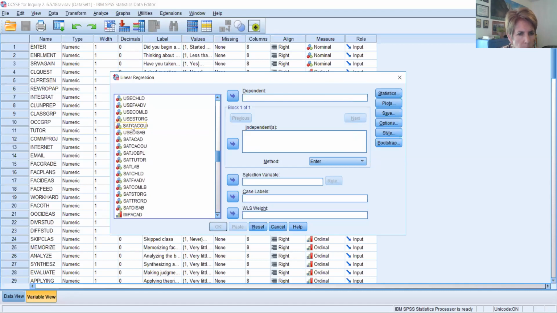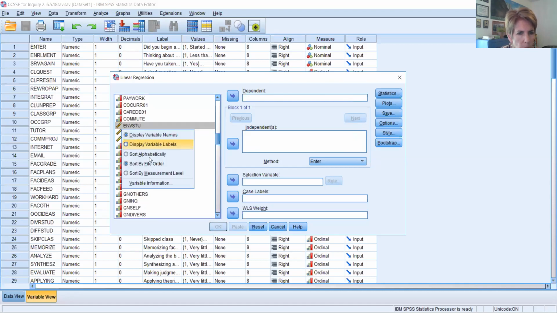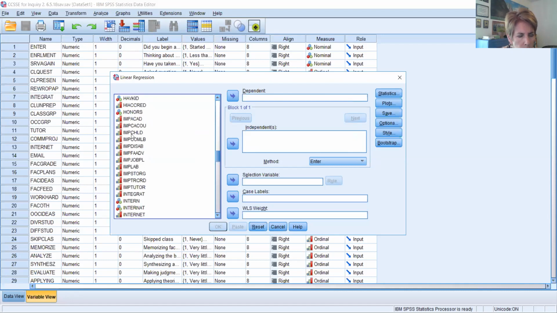Oh, you know what? Why don't I make it in alphabetical order? Sorry, this is such a big data file. It's hard to find things, but I also think it's valuable to see all the kinds of things you could use.